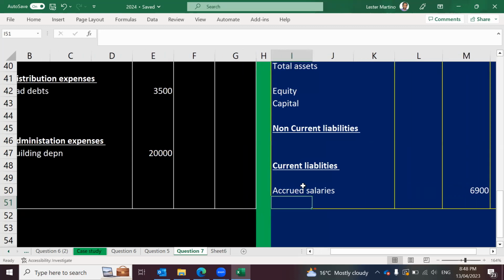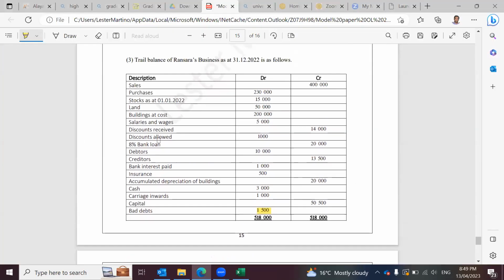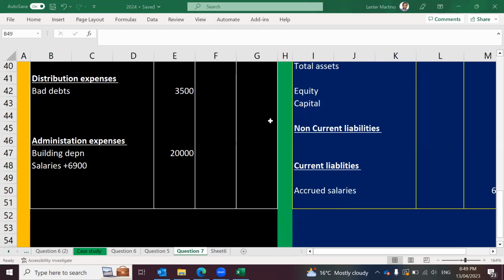Then go to salaries in the administration expenses, plus 6,900. Accrued, you need to add, remember. Go to the trial balance, salaries, 5,000 plus 6,900.